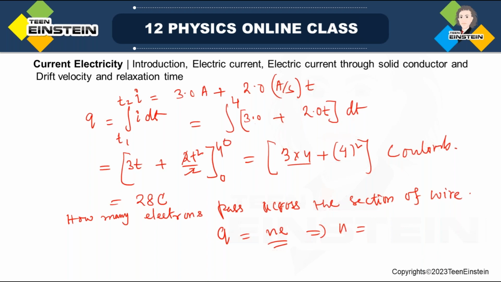From here I can find out N. N is an integer number. So Q, total charge, divided by E. E is the electronic charge or protonic charge, you can say. So this will give you the number of charges flowing.